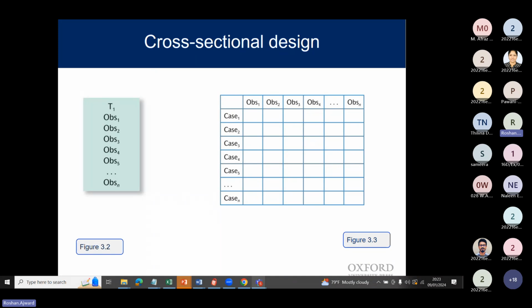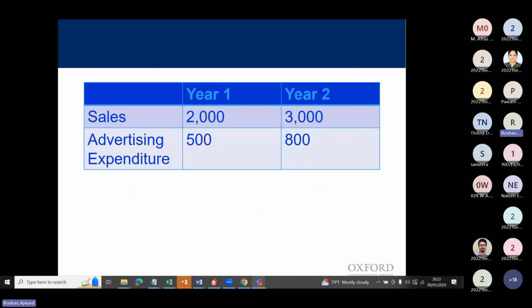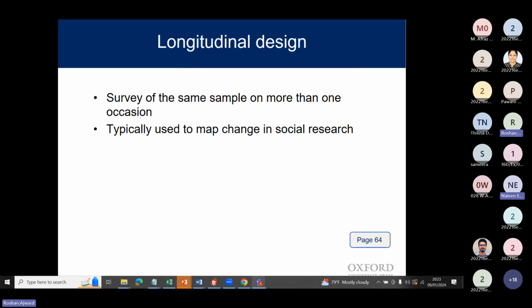This has to be contrasted with the next type of design, which is known as longitudinal design. What do you mean by longitudinal design? You take data at different points of time. You survey the same sample on more than one occasion.